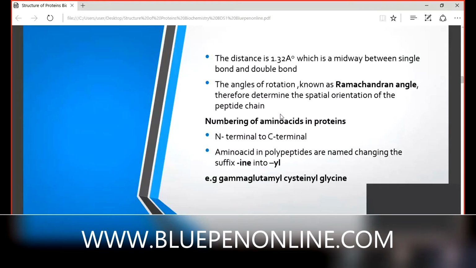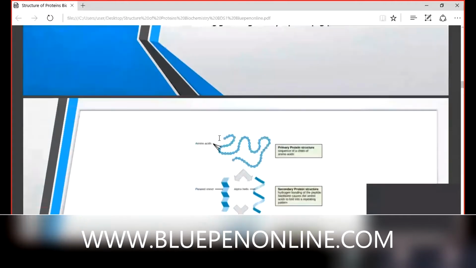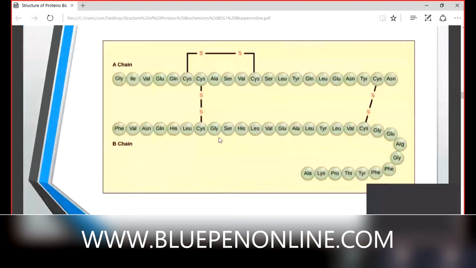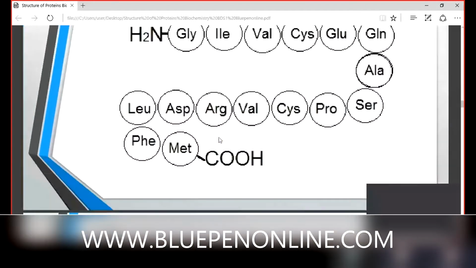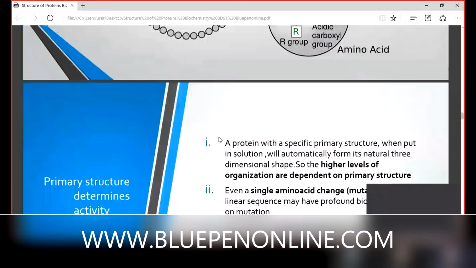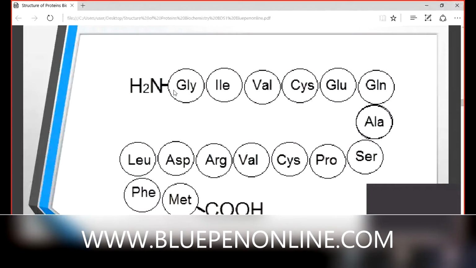It is known as N-terminal to C-terminal. What is this? Any idea? The amino group of one and the COOH group of the other. You can see from this diagram, the amino group of the first amino acid is free.